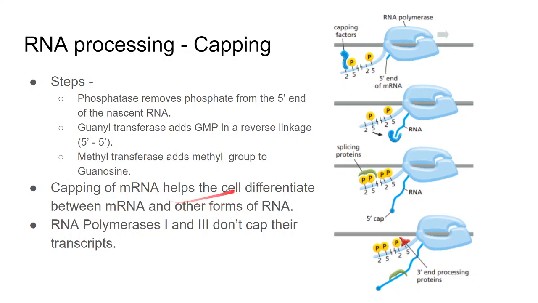The capping of mRNA helps the cell to differentiate between mRNA and other forms of RNA. We discussed how there are three forms of RNA polymerases: RNA polymerase 1, RNA polymerase 2, and RNA polymerase 3. These three kinds of polymerases produce different transcription products. But RNA polymerase 2 is the only one which forms mRNA transcripts, and mRNA is the only kind of RNA that can be translated into proteins.